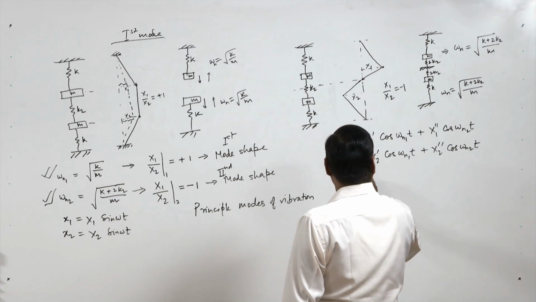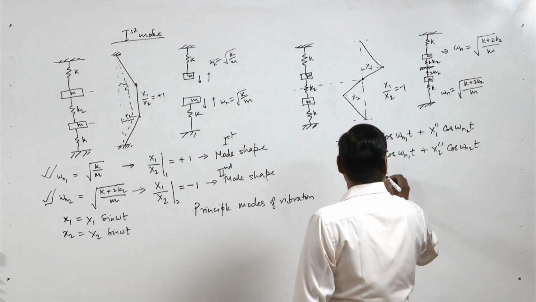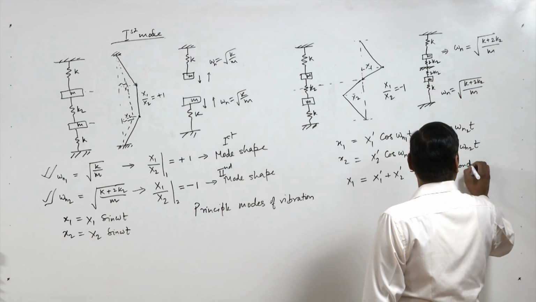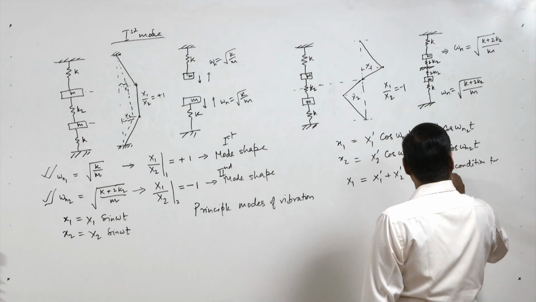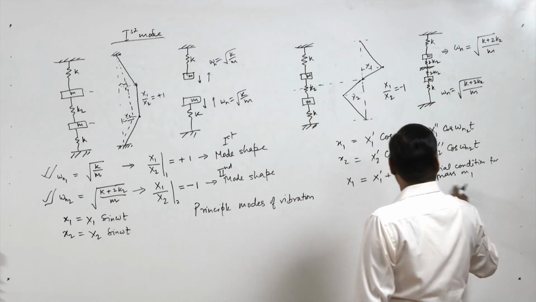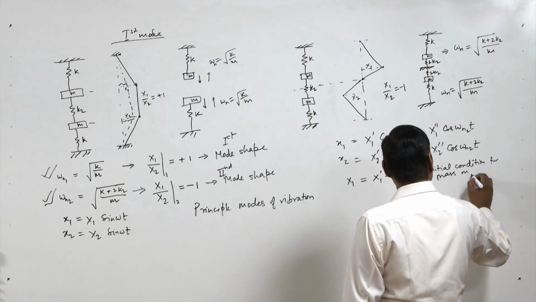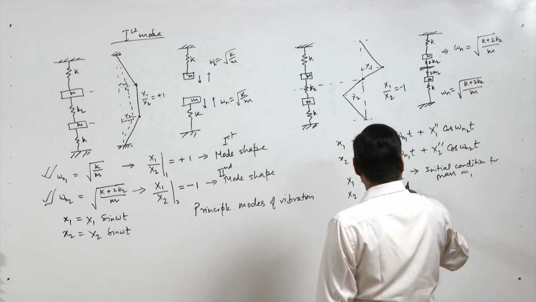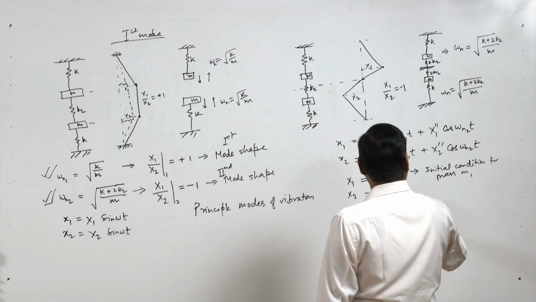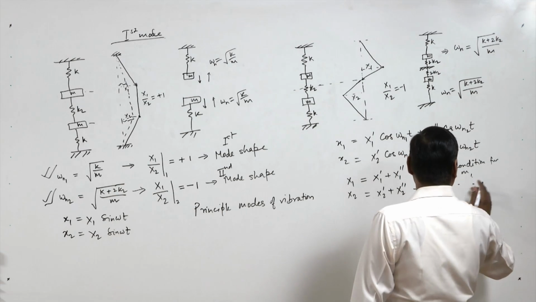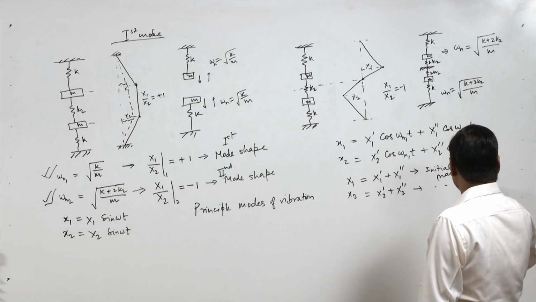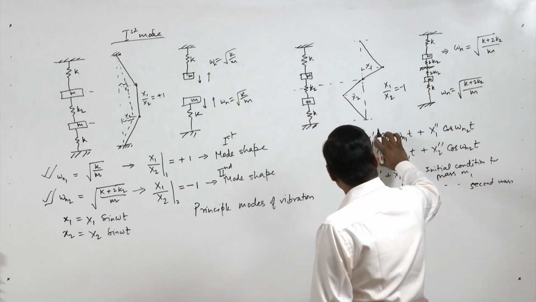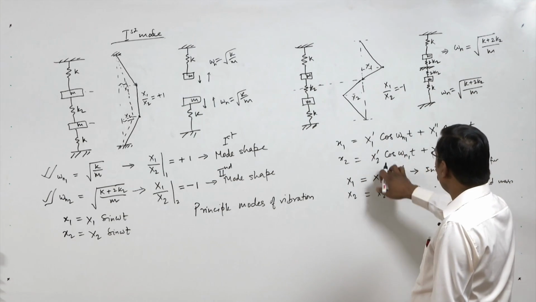Here, x1 equals x1 dash plus x1 double dash, that is the initial condition for the first mass, and x2 equals x2 dash plus x2 double dash, the initial deflection of the second mass, because these are amplitudes of the same frequency.